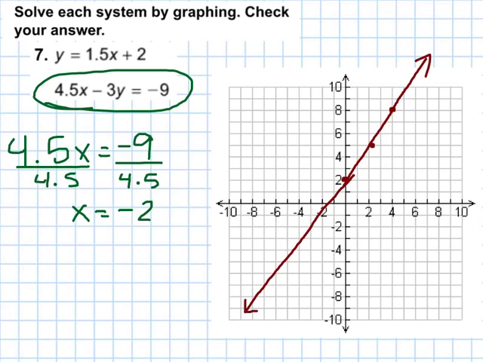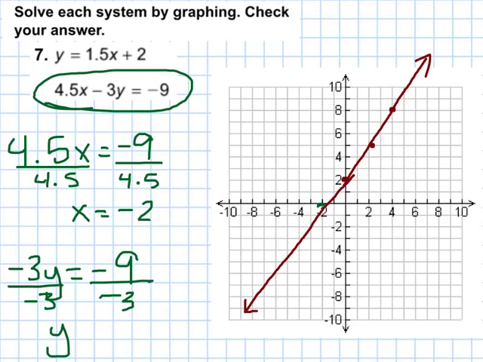So my x-axis, I'll plot a point at -2. Now in order to solve for the y, I make x 0. So -3y equals -9. Divide by -3, divide by -3, y equals 3. So my y-axis, I will put a dot at 3.